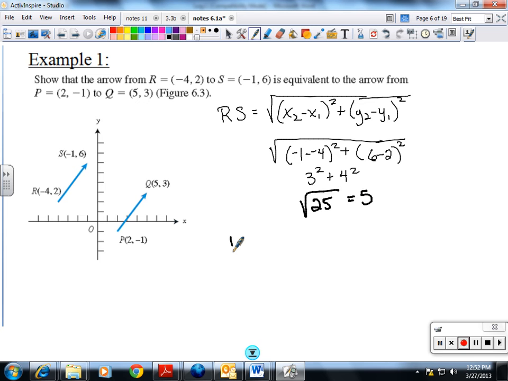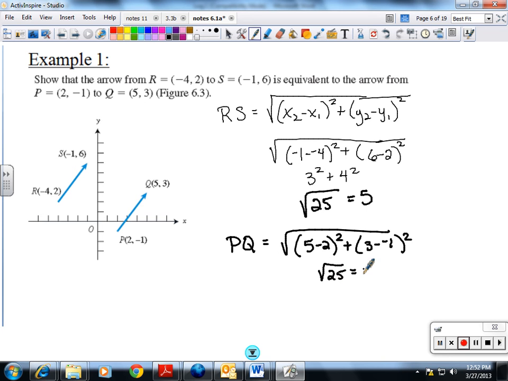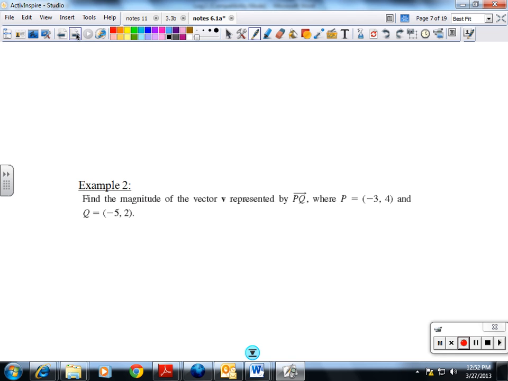And then if we do PQ, the same thing: 5 minus 2 squared plus 3 minus negative 1 squared. That's 3 squared plus 4 squared, the square root of 25, which is 5. So they are equivalent.